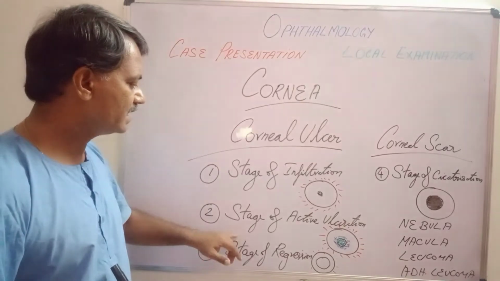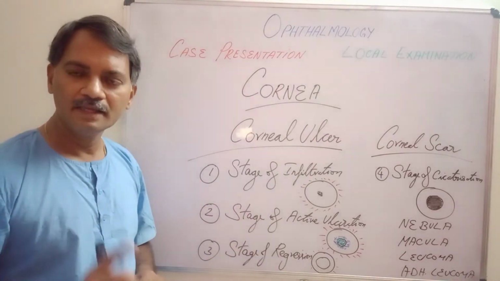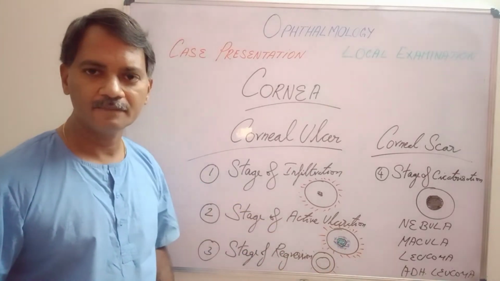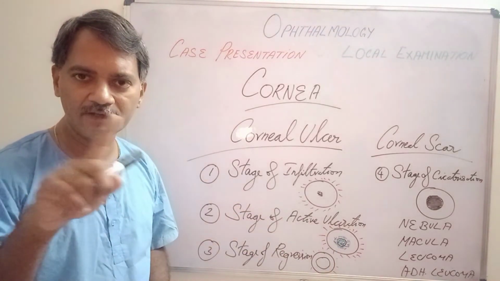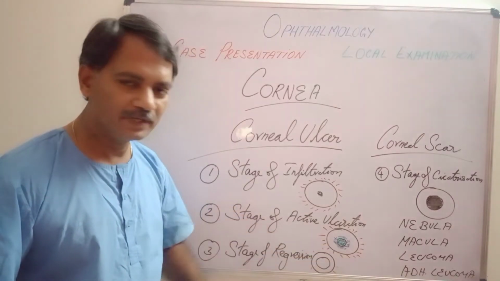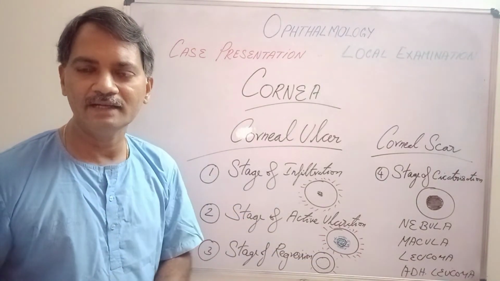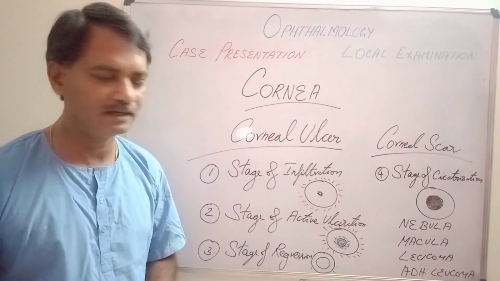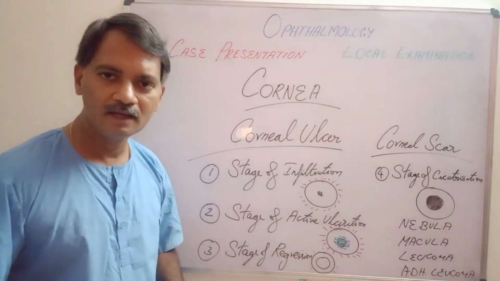The next is the stage of active ulceration. Here you can see a defect in the cornea, a well defined defect. In the defect you can see necrotic material, dead cells and dead organisms in the defective area.